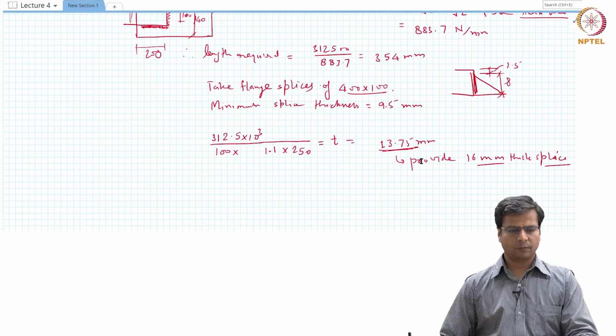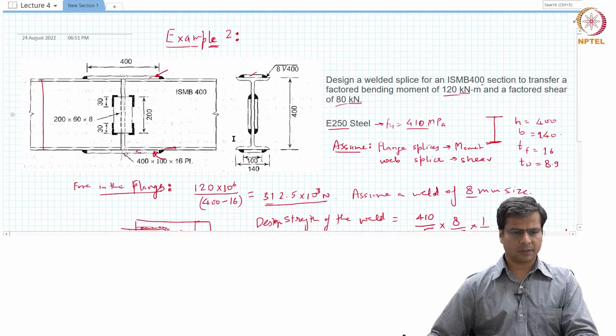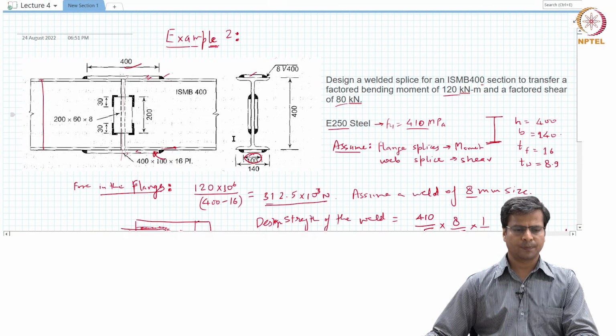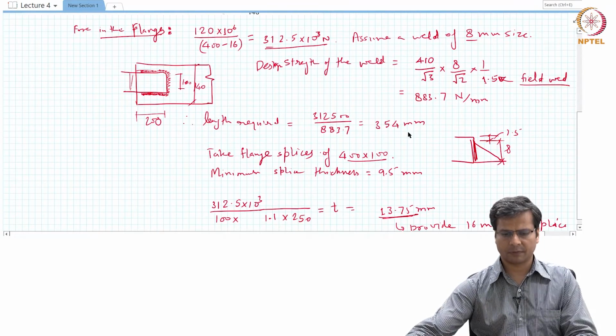Okay. So we have designed the splice for the flanges. The dimensions are clear here. It's 400 by 100. This width is 100. And the thickness is 16 millimeters. And the weld itself is 8 millimeter in size, which has a total length of 354 millimeters as shown here.